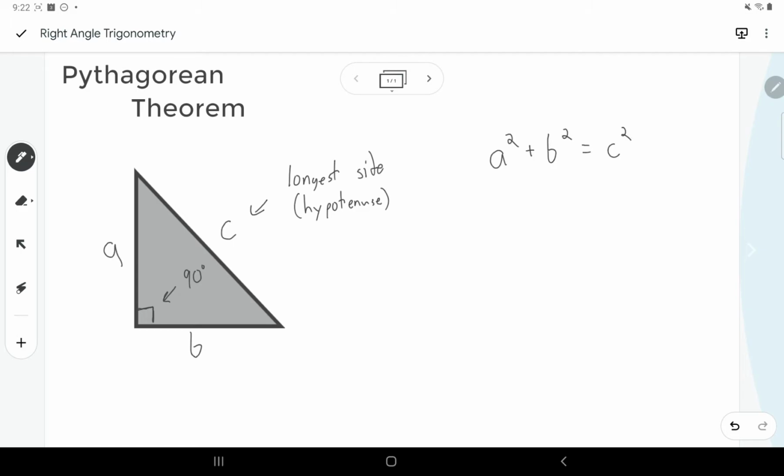So the theorem states that the sum of the squares of the two side lengths is the square of the hypotenuse.